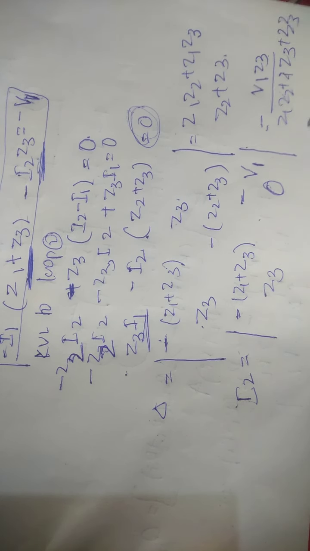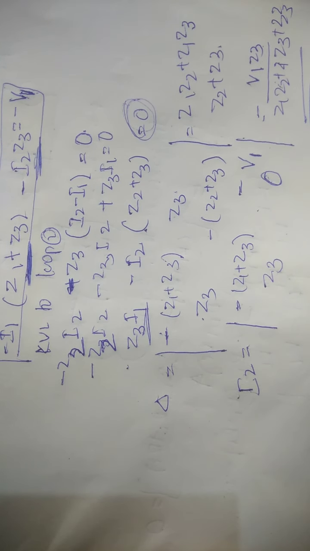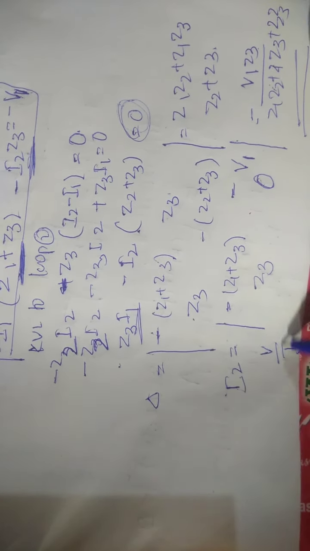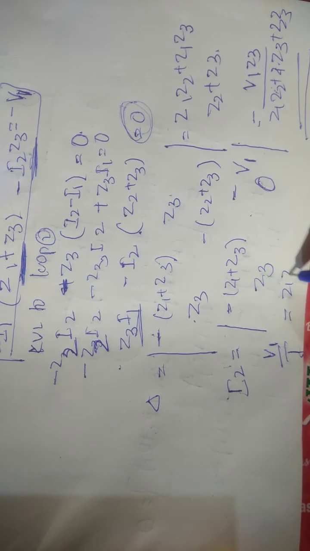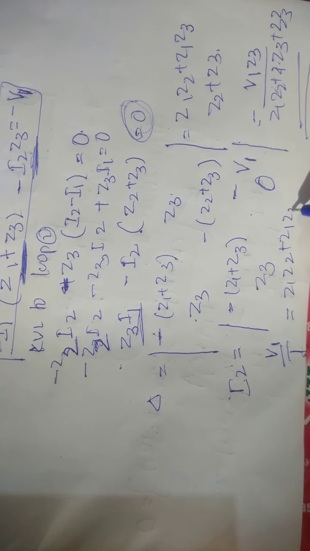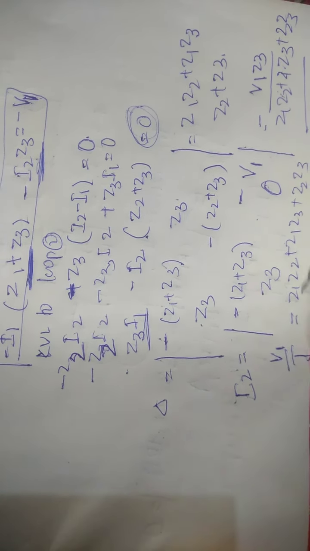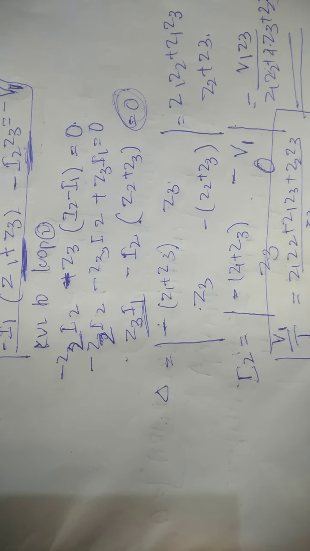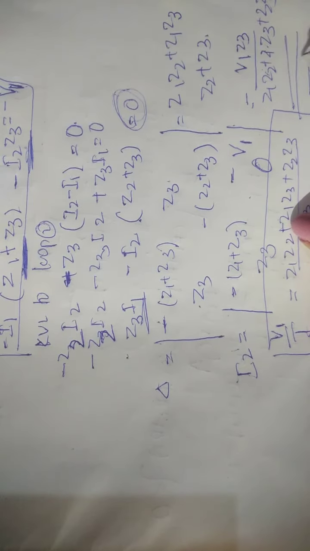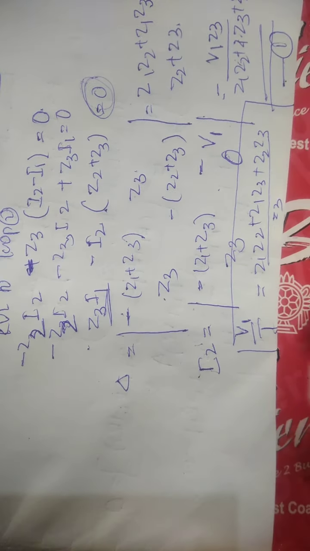We got to know that. This is the equation, and then V1 by I2 equals (Z1 Z2 plus Z1 Z3 plus Z2 Z3) divided by Z3. We got this from equation 1. This one is called equation 1. Next is equation 2.